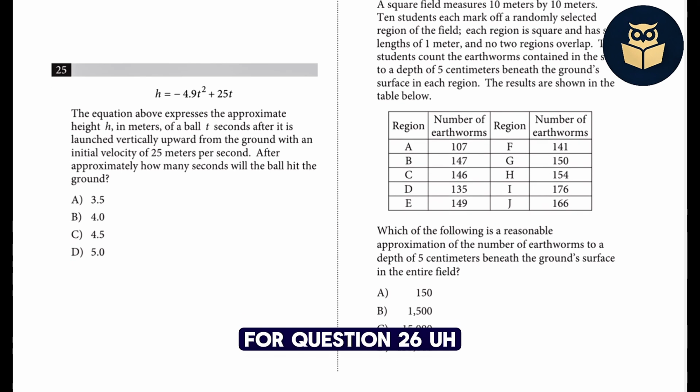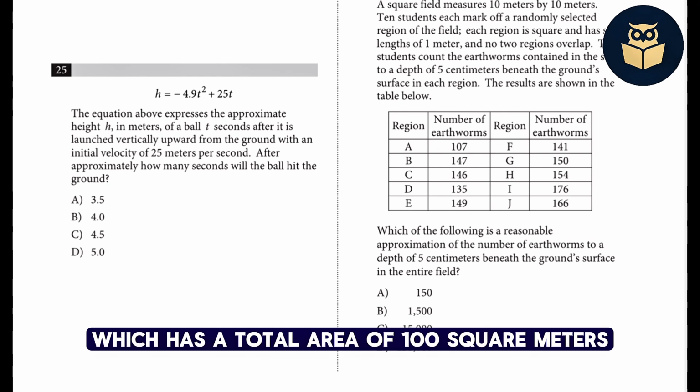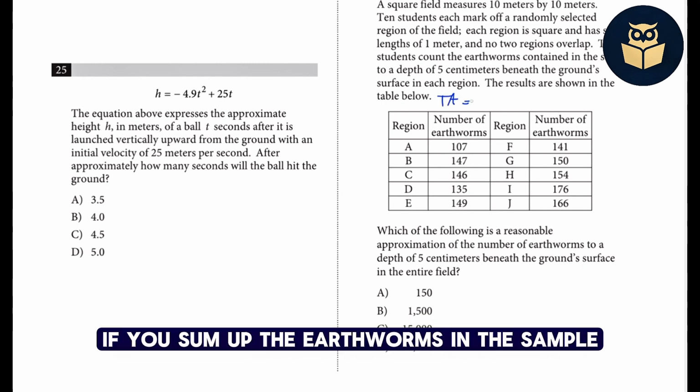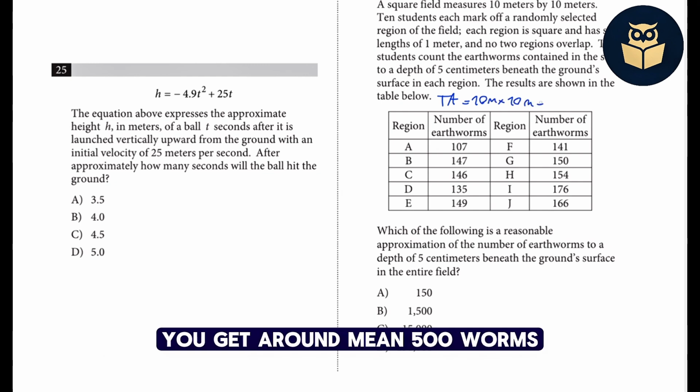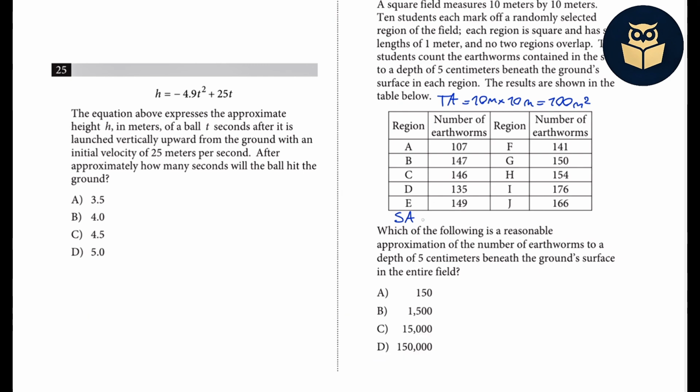For question 26, we are estimating an earthworm population across a 10 meter by 10 meter field, which has a total area of 100 square meters. Researchers sampled 10 regions of 1 square meter each. If you sum up the earthworms in the sample, you get around 500 worms, meaning an average of about 150 worms per square meter.